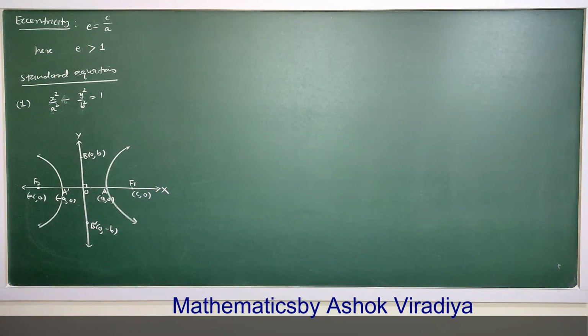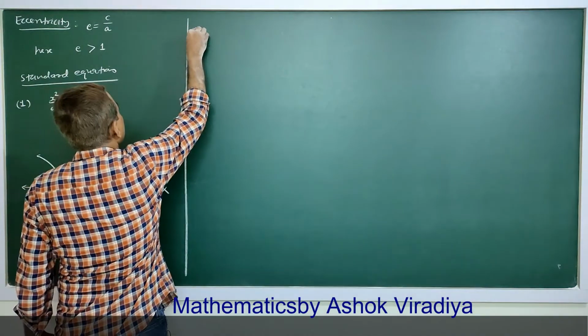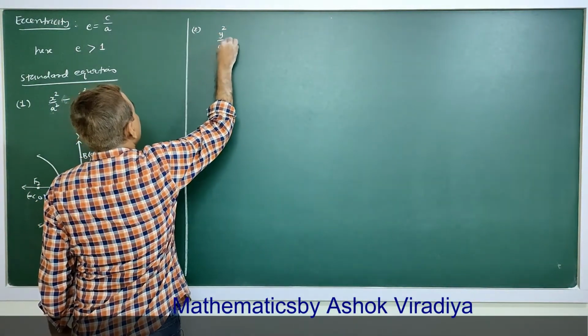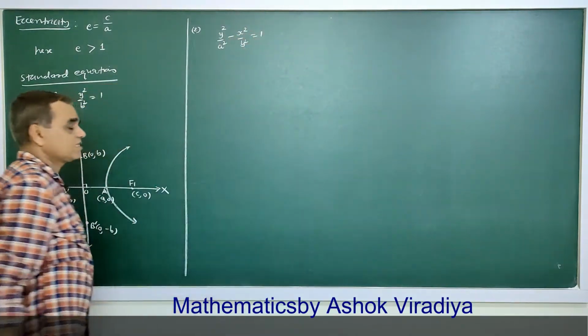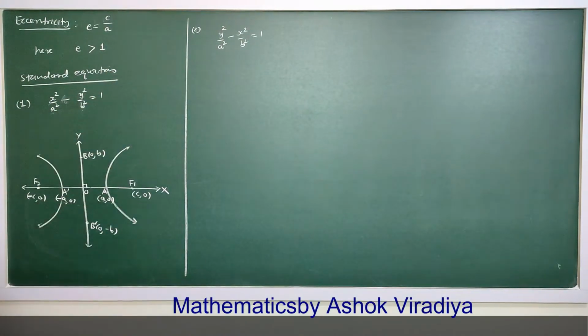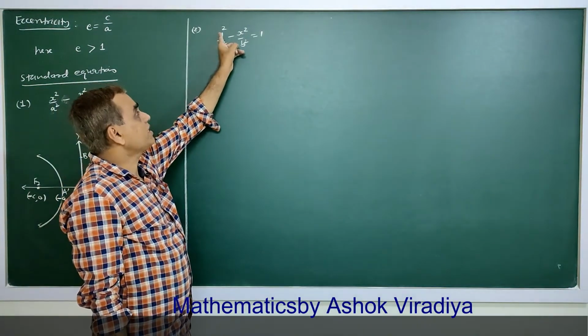But if the equation is, suppose, y square by a square minus x square by b square is 1, the x square term is negative and y square is positive.